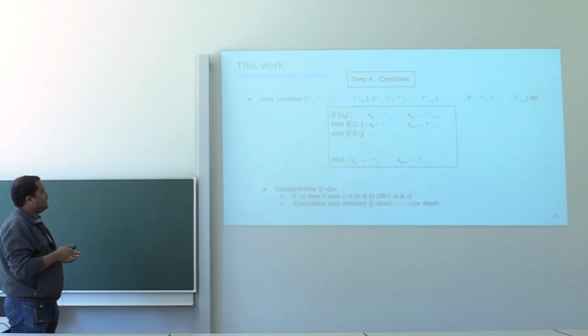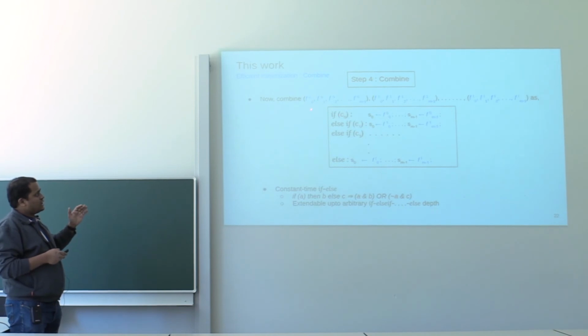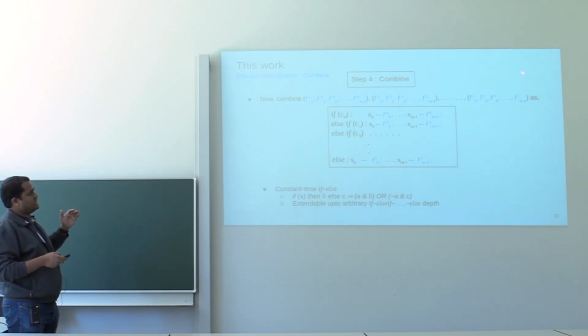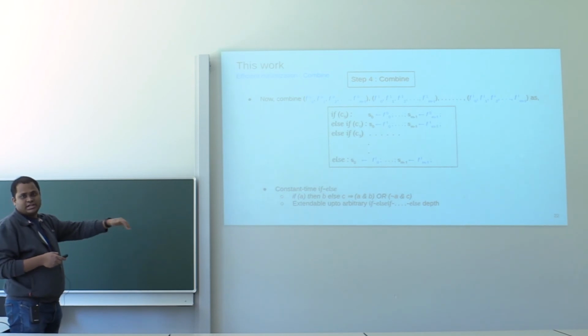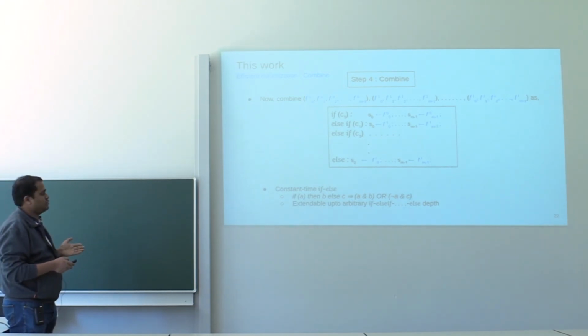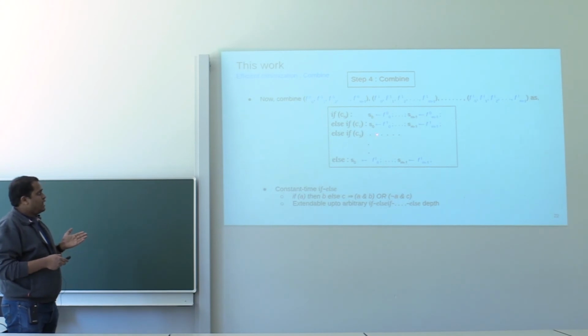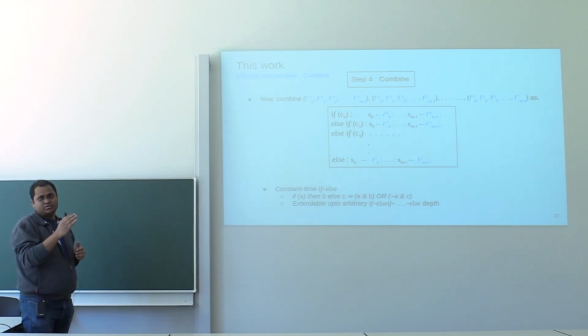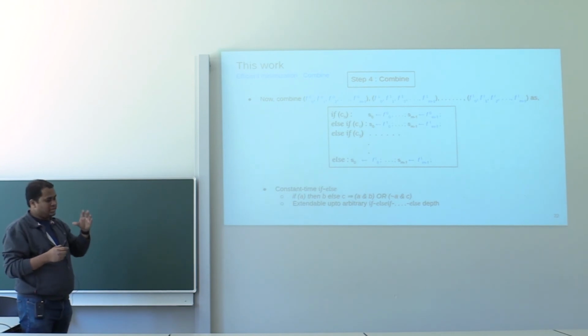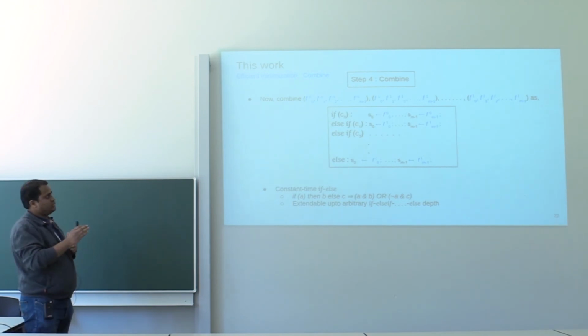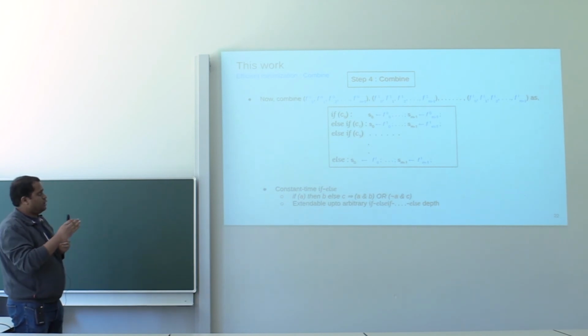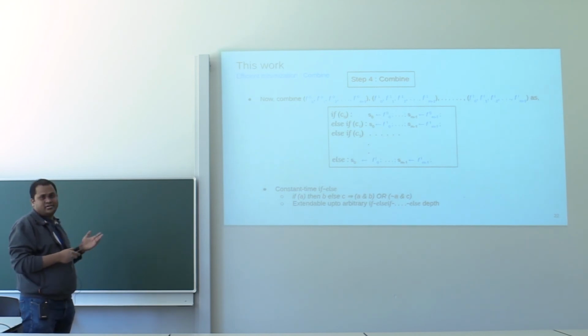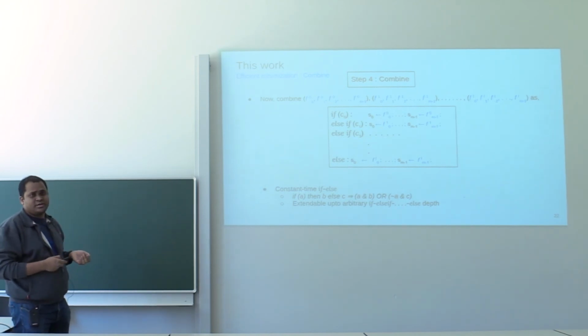Now we can combine all of these sub-expressions using a long chain of if, else-if constructions, using the value of c as a condition. So c acts as a multiplexer. When it gets a random bit string which belongs to a particular list, it outputs the minimized sub-expression from that particular list. But I have put an if-else-if here, so it destroys the constant time property.